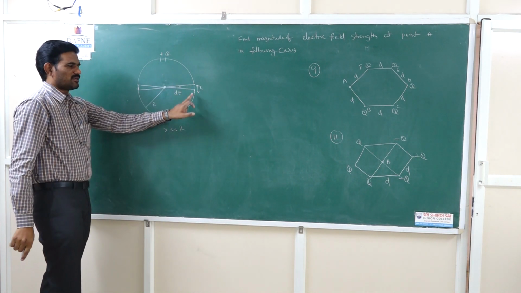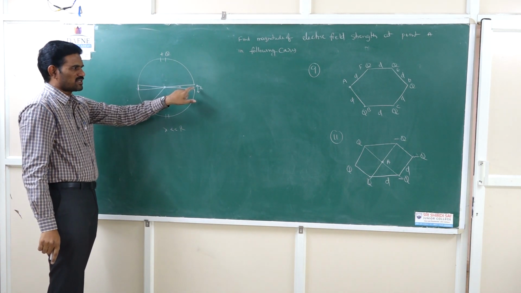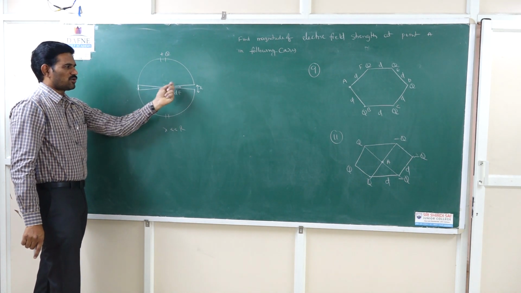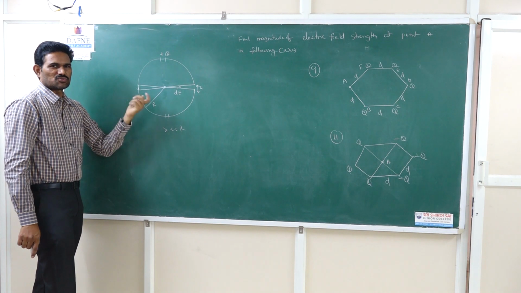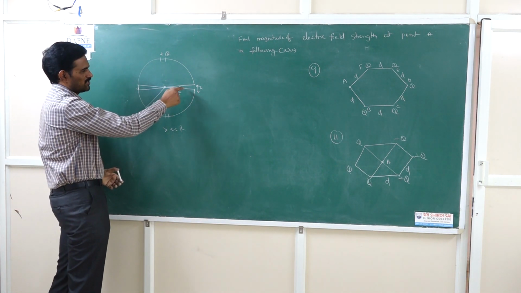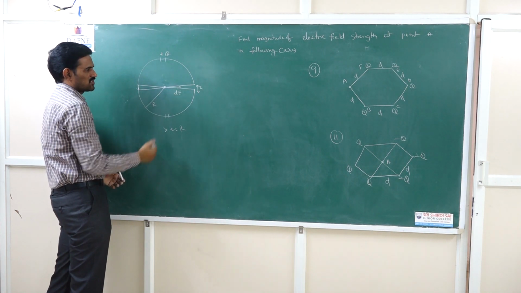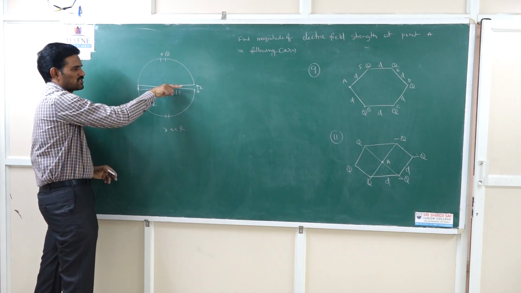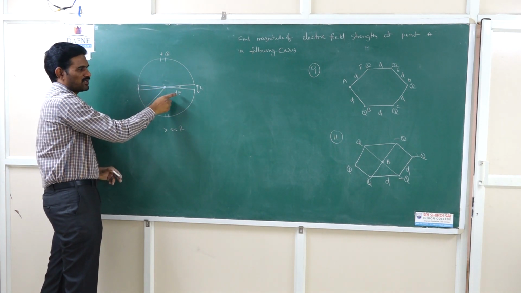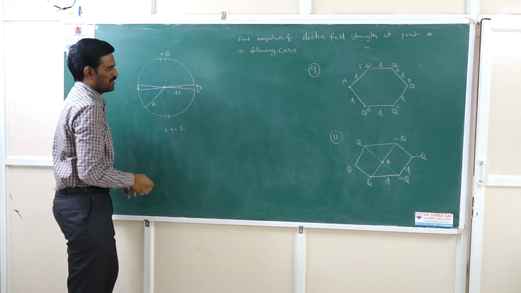But at the opening there is no charge. If charge were there, if the ring were closed, then that element would also produce an electric field in the opposite direction, so that the net electric field at that point would be 0. But here there is an opening, that means there is no charge here, so only this field will be the unbalanced field, and the resultant electric field at that point is nothing but that due to the small element only.